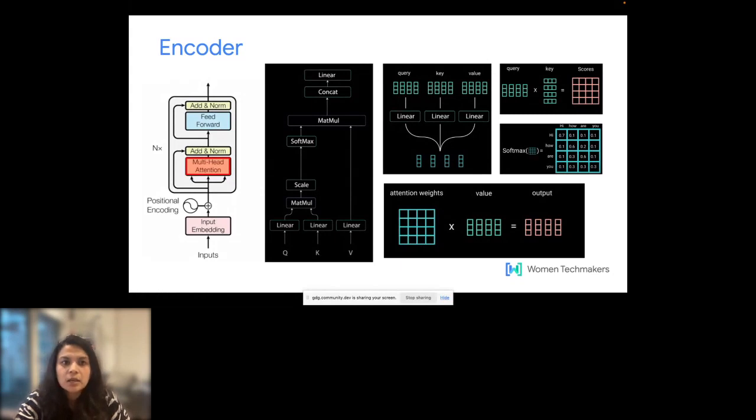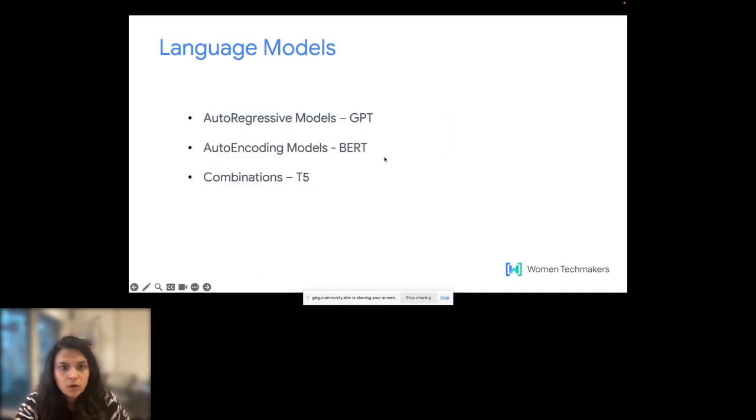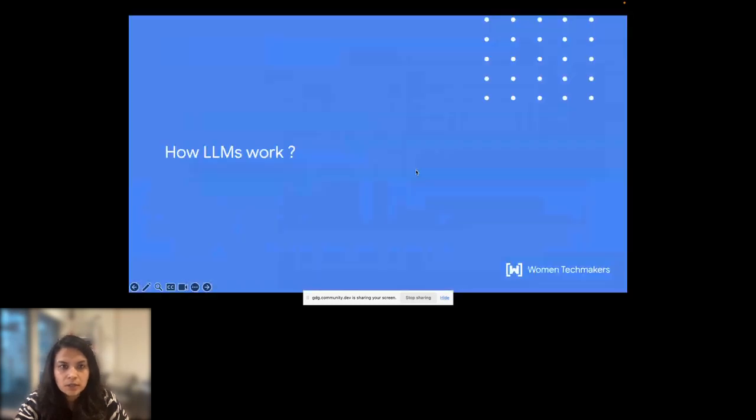And then we saw the decoder architecture, which is used for auto regressive models, and it is mainly used for generation of the text. So we saw autoregressive models, example is GPT, autoencoding models such as BERT.